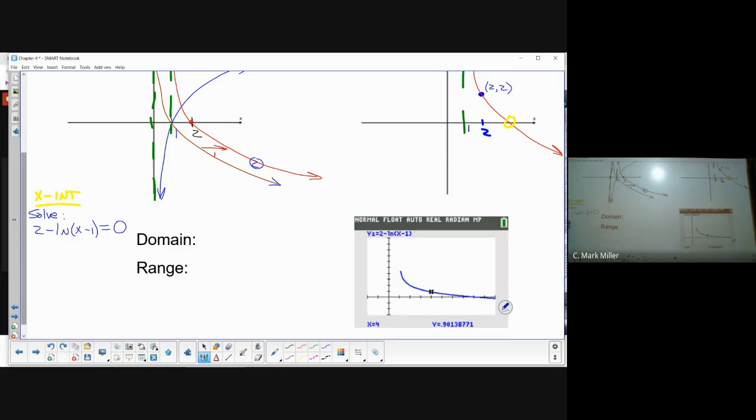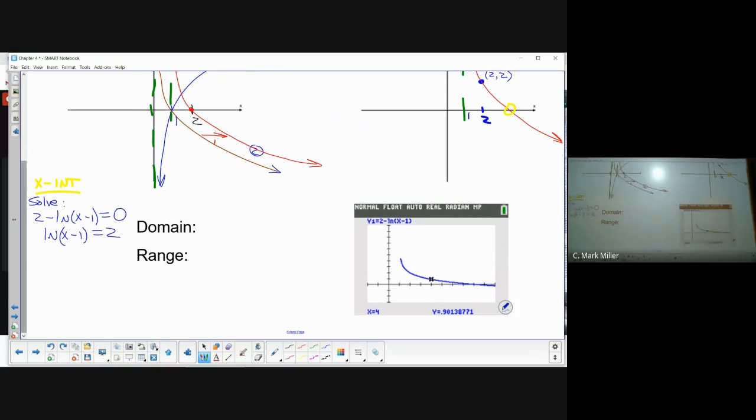That's going to be the same as natural log x minus 1 equal to 2. How do I get an x from the inside of the log function? I raise e to both sides power.